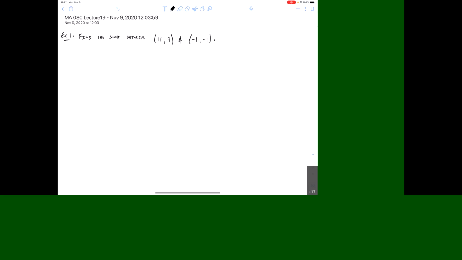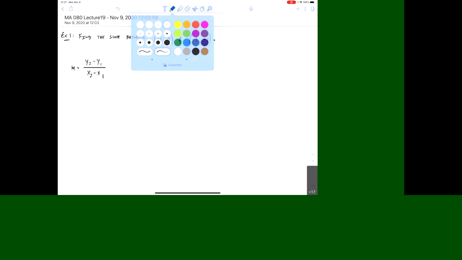Okay. So as usual, when you're doing something formula-based, I always encourage you to rewrite the formula. So you have y2 minus y1 over x2 minus x1. And remember, whether you color code or you write on the top, students in the past have written it like this, x1, y1, x2, y2, so that they can distinguish them.